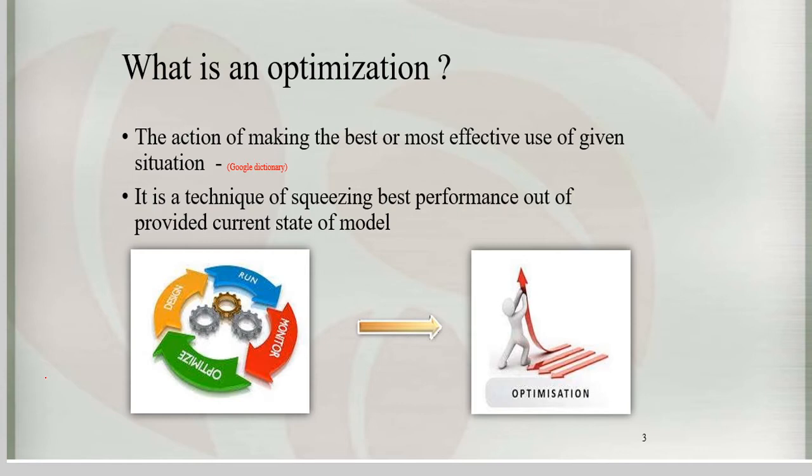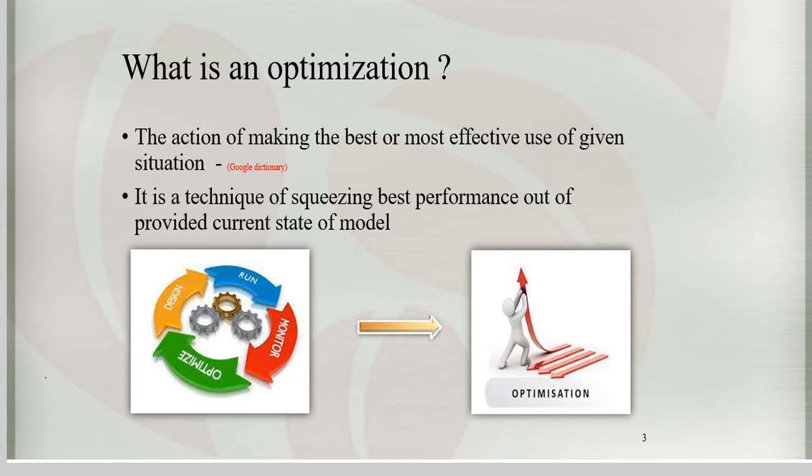optimal solution or the optimal path through which we can reach the destination in a shorter duration. So that is an example of how we can reach a destination from one place to another using the optimal route. Very similar to that, for all types of real-time problems, we implement optimization techniques to find the most appropriate solution to the given problem.